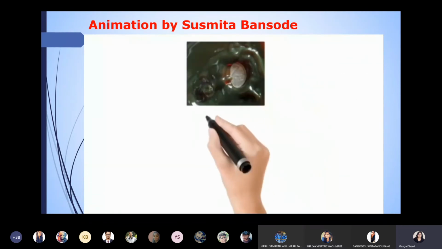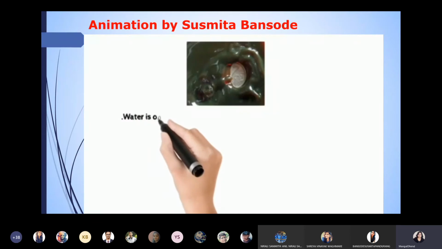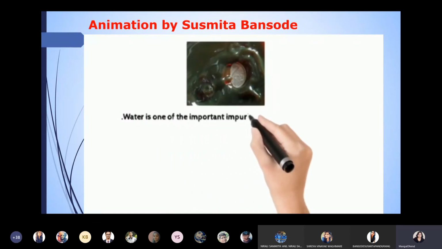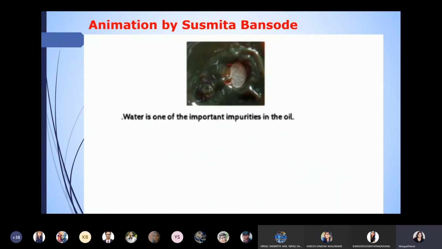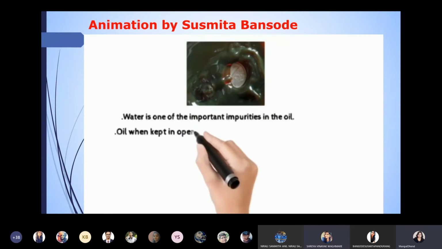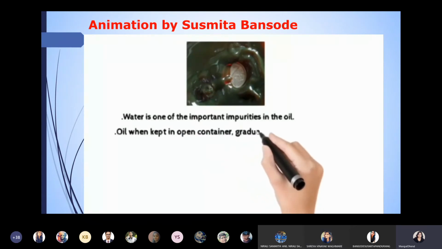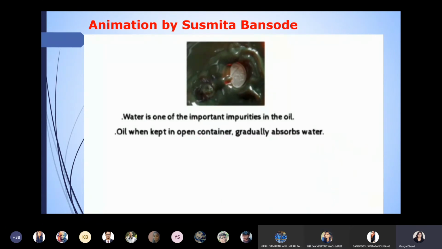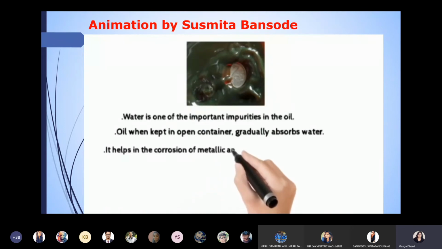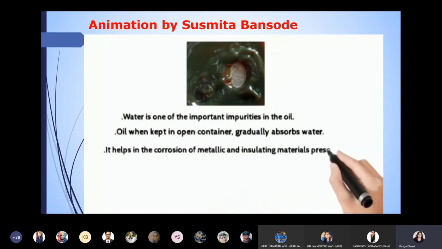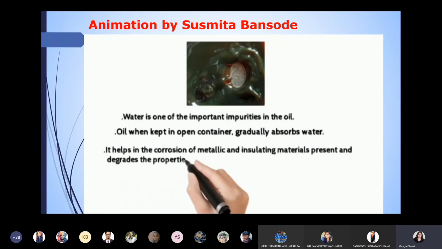Here is a picture of contaminated oil. Water is one of the important impurities in the oil. Oil when kept in an open container gradually absorbs water, which helps in the corrosion of metallic and insulating materials present and degrades the properties of the oil.